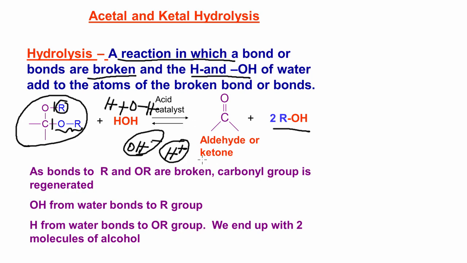So we end up with our aldehyde or ketone, and then 2 molecules of alcohol. Okay, so the hydrolysis is just the reverse of the acetal or ketal formation. And remember that was an equilibrium situation, so that's dictated by Le Chatelier's principle.